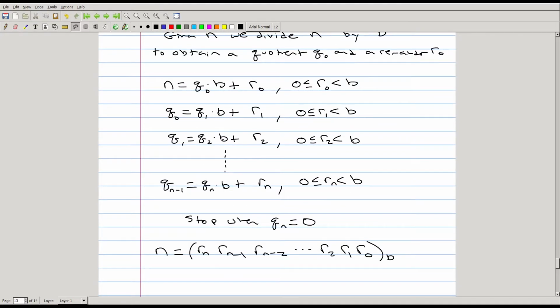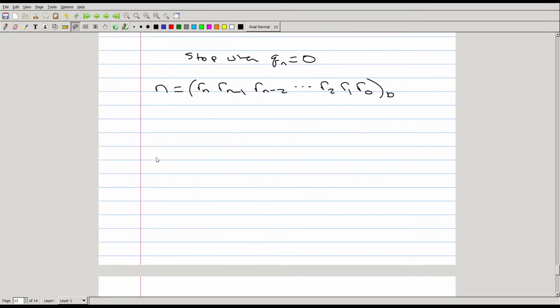And the main reason this is working is because if you take your first factoring here for finding your first digit in a base b expansion, and you use the subsequent definitions, this is going to say that n is equal to q1 times b plus r1 times b plus r0.